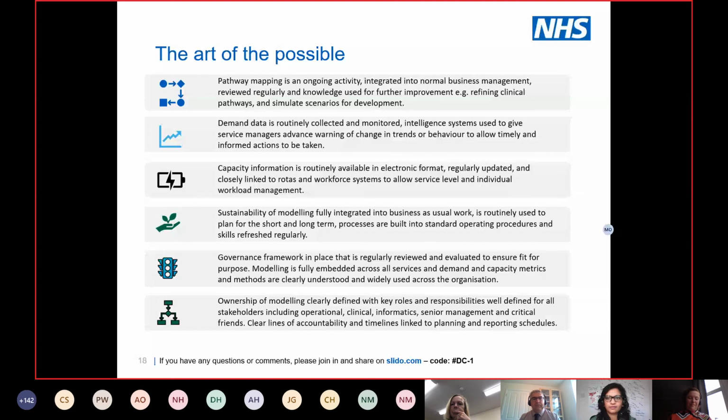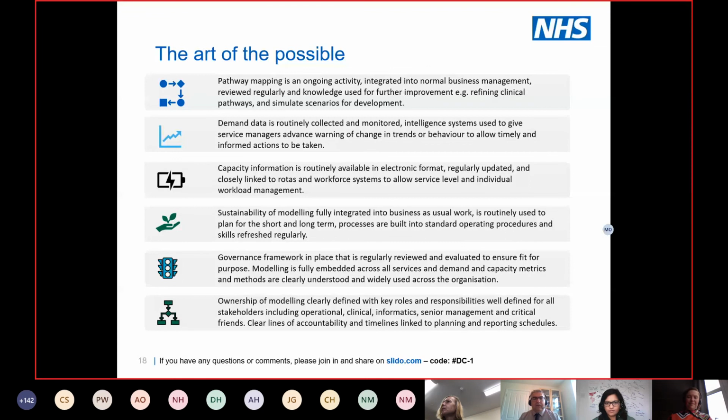The demand data, well, that becomes collected routinely, and systems used to give service and operational managers warnings of changes in trend or behaviours that allows them to make informed decisions around how they might want to respond to some of those changes. Our capacity information, and this is probably one of the biggest challenges that a lot of people face when it comes to completing their modelling, is sourcing their capacity information, and we'll cover that in a lot more detail in a future session.